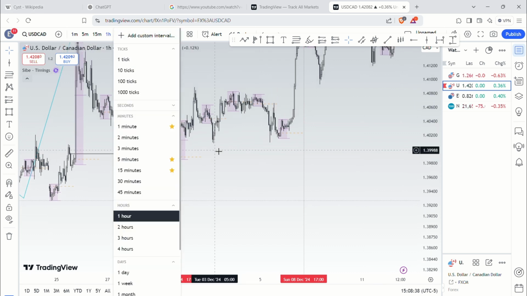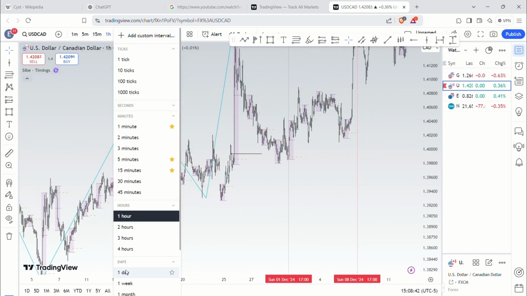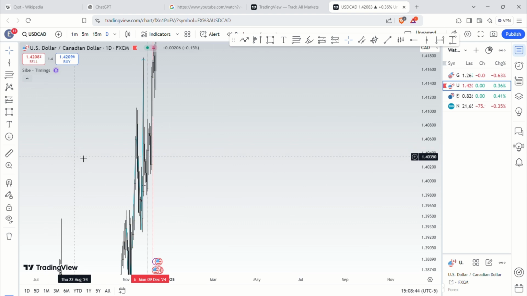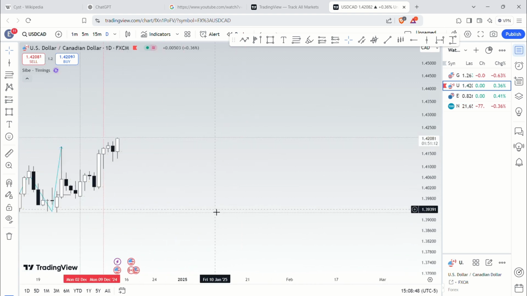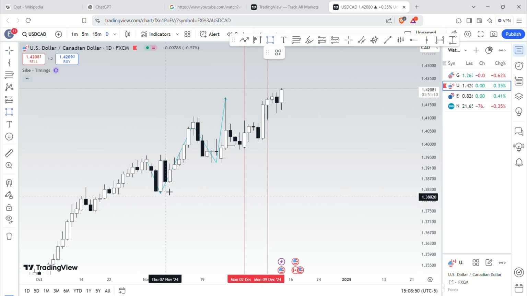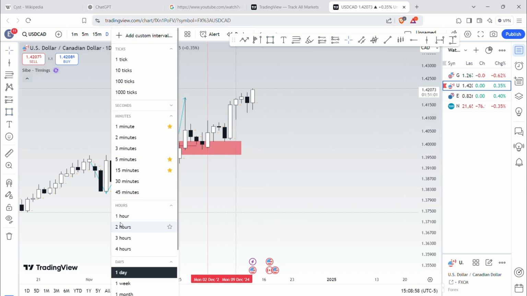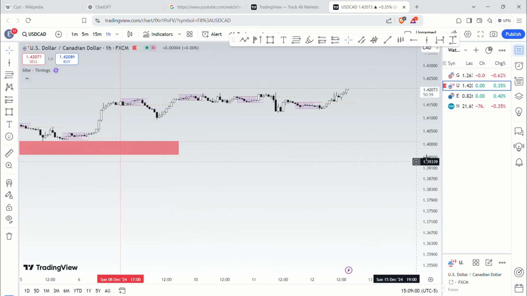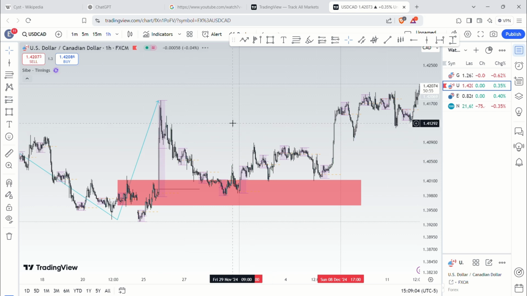Let's go back and get our daily order block inside the picture. So I hope we're all following so that we can get this completely.